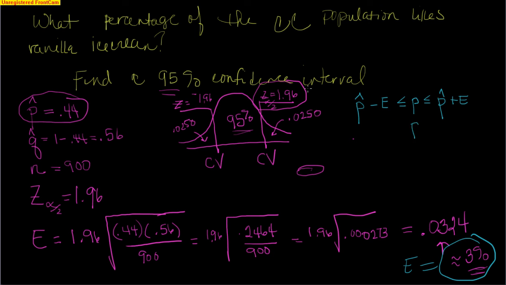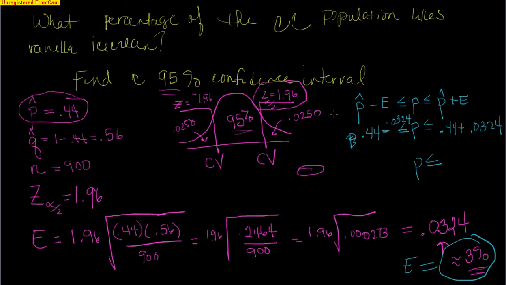So the way we're going to write this in the end is that the true percentage of people in community college that like vanilla ice cream is going to be that 0.44 plus the 0.0324, or in between that and 0.44 minus the 0.0324.